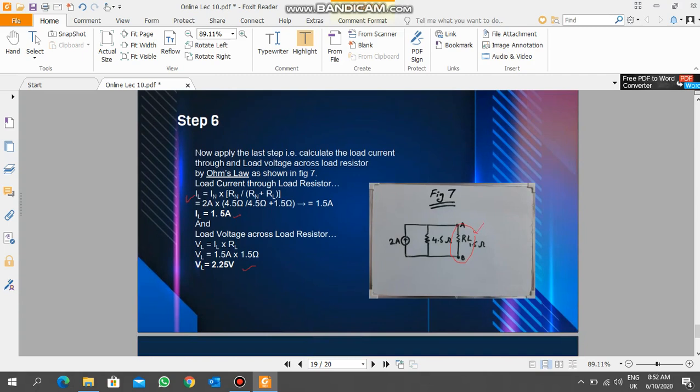In the fifth step, we draw the Norton equivalent circuit, that is the current through the short circuit in parallel with the total resistance, that is Rn, that we found in our previous step, that is 4.5. And in the final step, we include our load resistance.